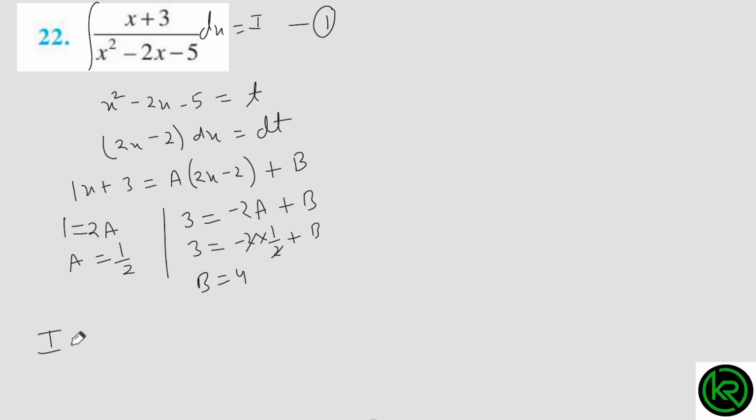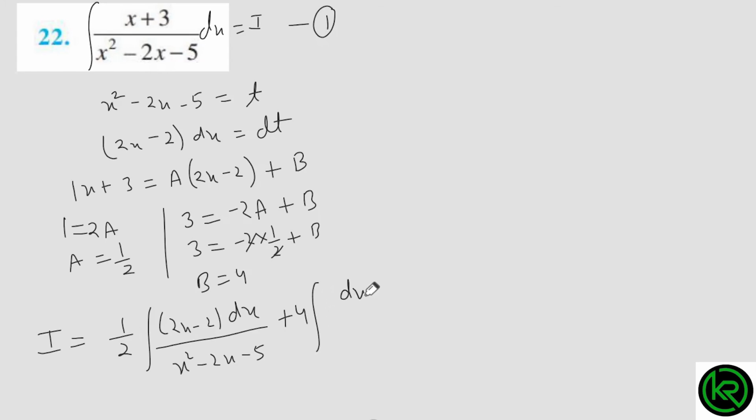So I will be converted into two integrals: (2x minus 2) dx upon x square minus 2x minus 5, plus 4 times the integration of dx upon x square minus 2x minus 5. Here students, we will divide the coefficient of x, that is 2, so we will add 1 square and subtract 1 square also.